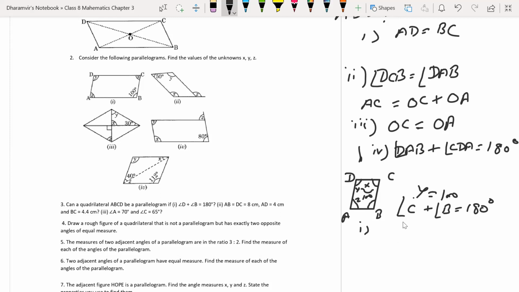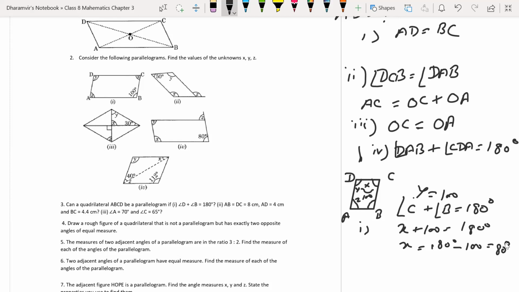C's value is x, B's value is 100, so x plus 100 is equal to 180. X is equal to 180 minus 100 is equal to 80 degree. So x is 80 degree.